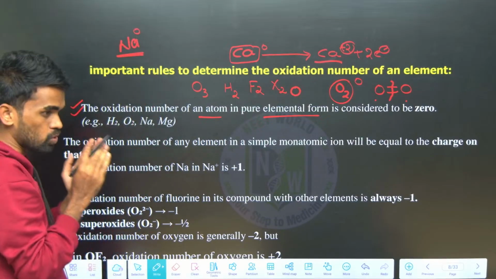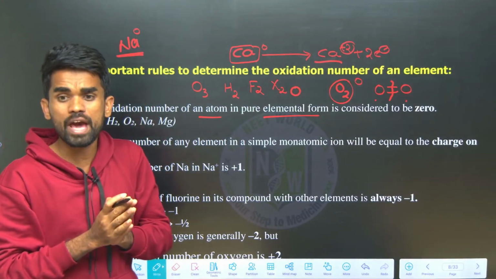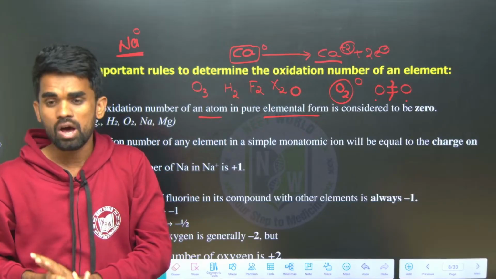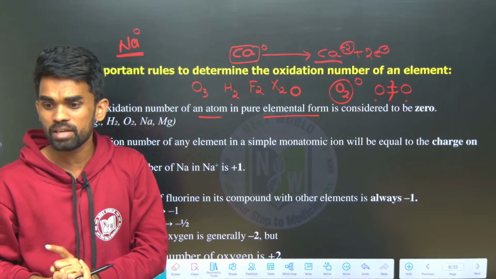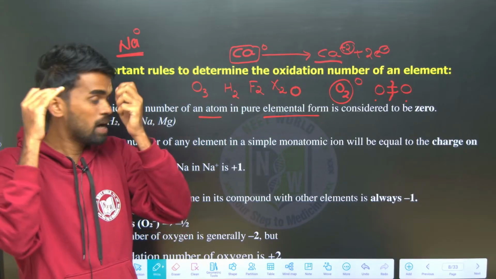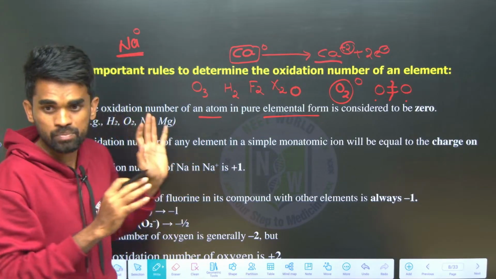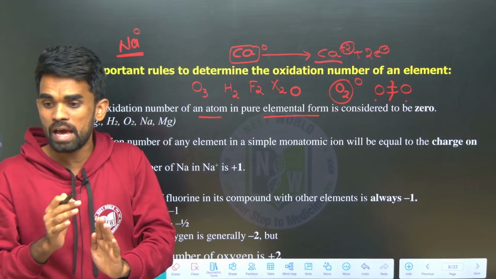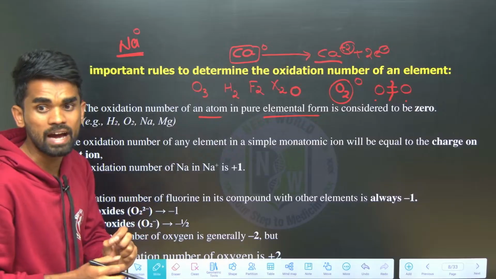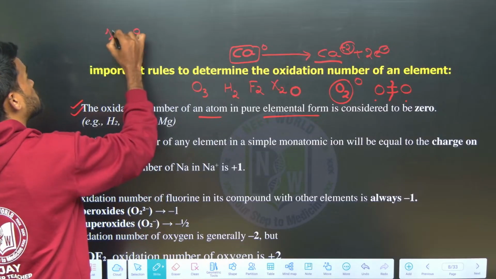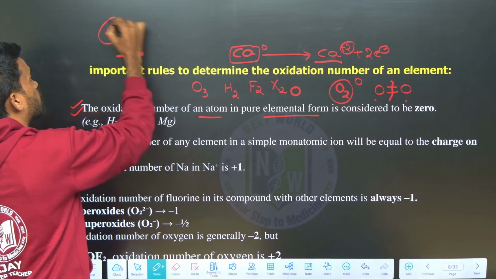But whenever sodium reacts with some species, what happens? All alkali metals always have the +1 oxidation state. Whatever species they may be combining with, alkali metals will always have the +1 oxidation state, because alkali metals are highly reactive due to the presence of one extra electron after the noble gas configuration.